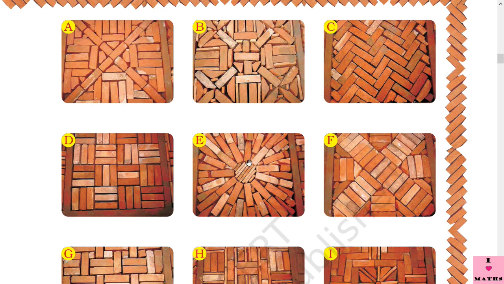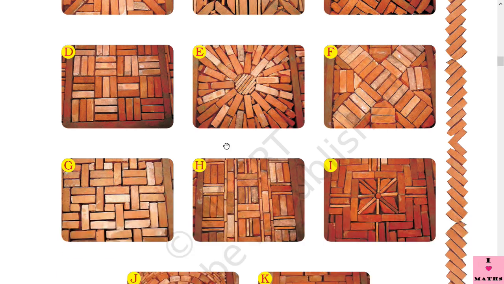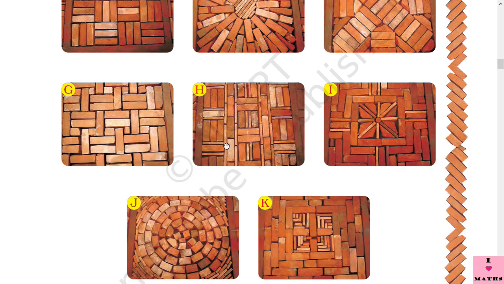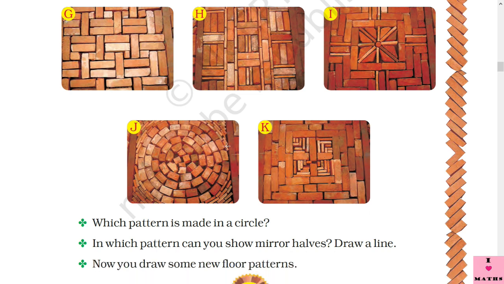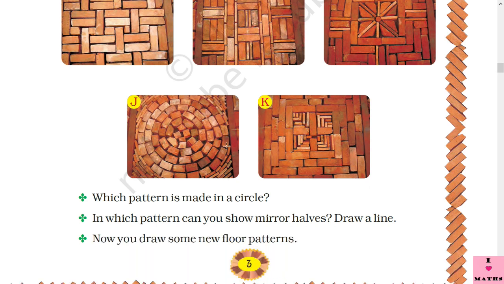In pattern E, this is looking circular, but actual circles are not there. This is more like a sun with a center and the rays coming out of it. So right now, only pattern number J has a circle.